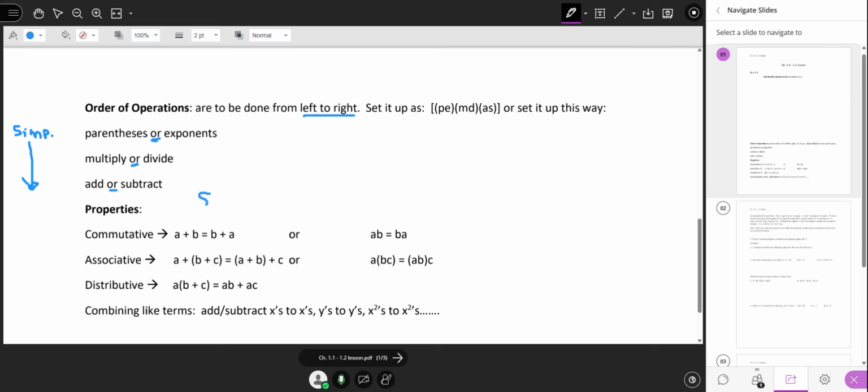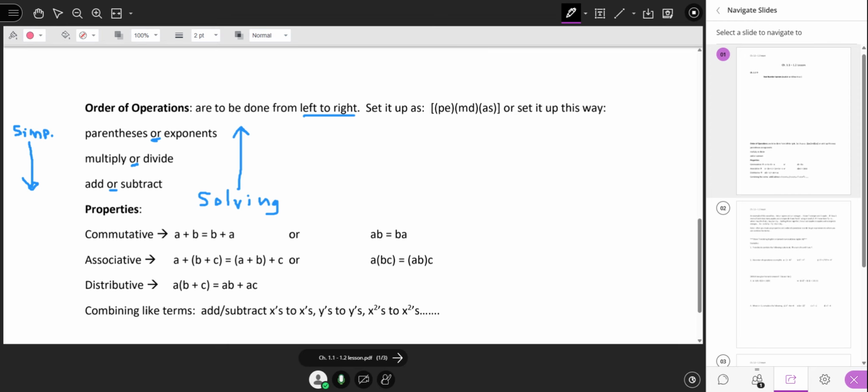But if you are solving, you go up the order. So the first thing you get rid of is add or subtract, then multiply or divide, and last, parentheses or exponents. And since you're doing the opposite order, you do the opposite of what you're trying to get rid of. So I really like this setup for the order of operations.